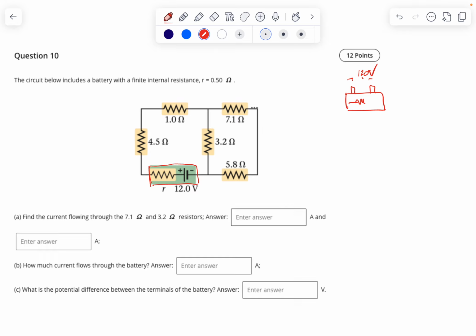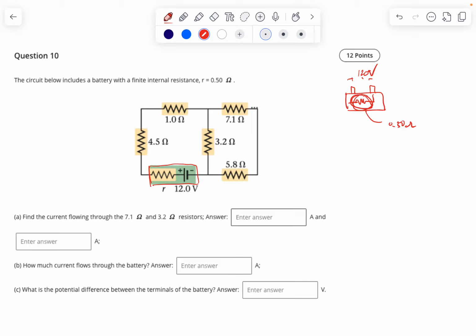Also you have internal resistance, this guy is 0.50 ohm.